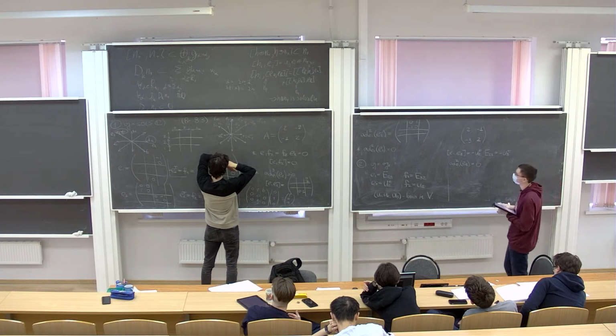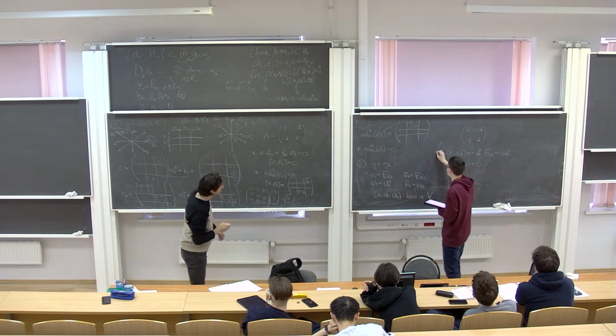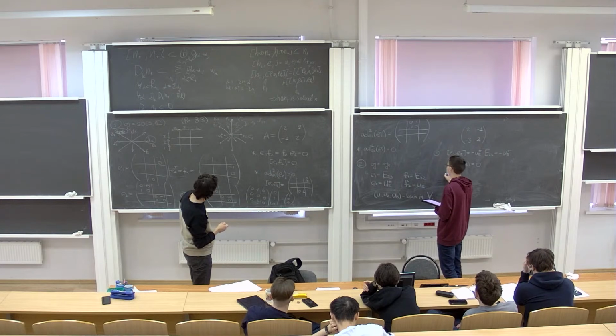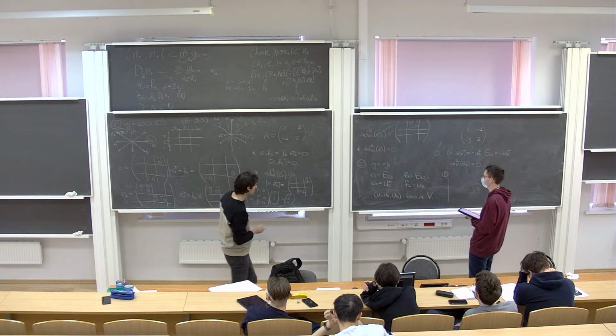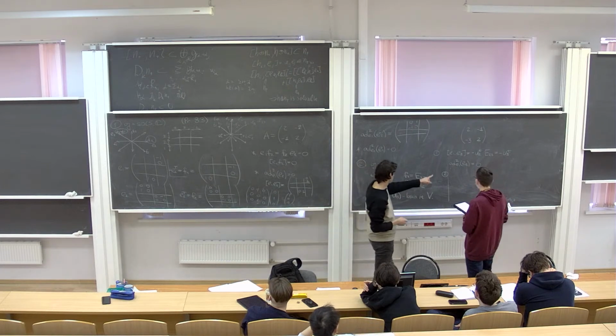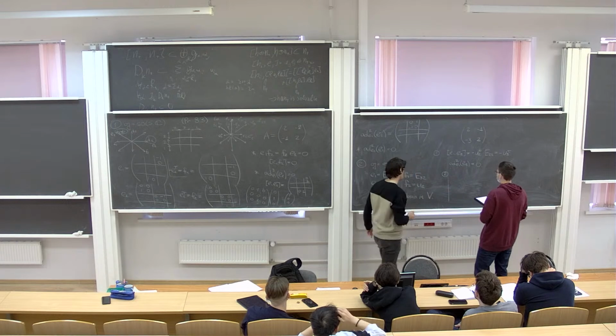From the picture, I would like to see this. So I have add E. So I commute E1 with E2.